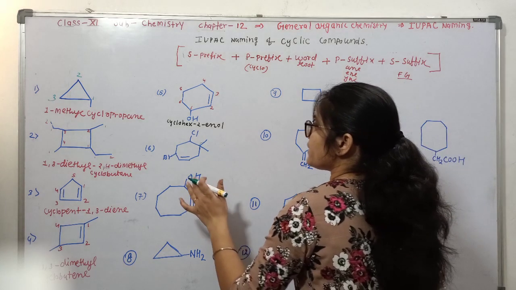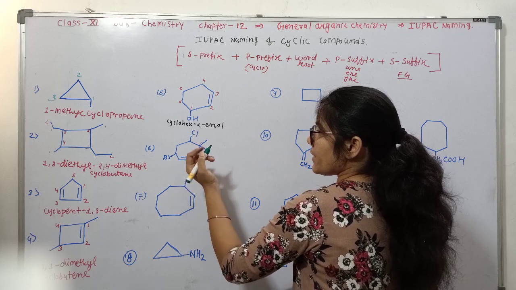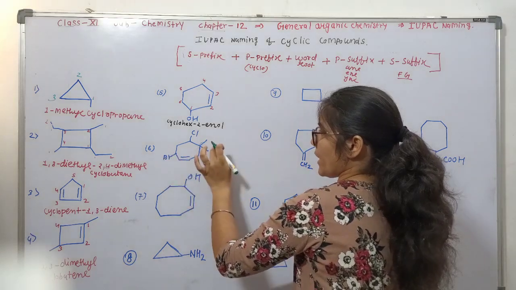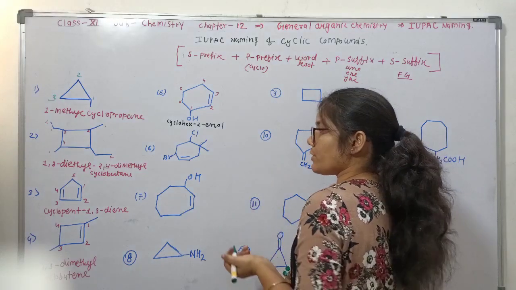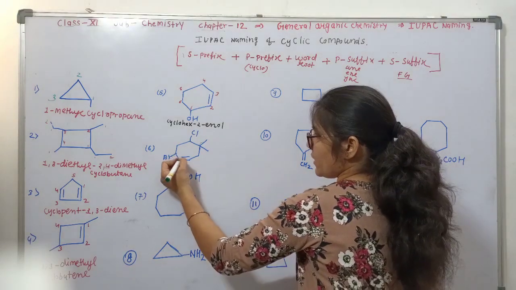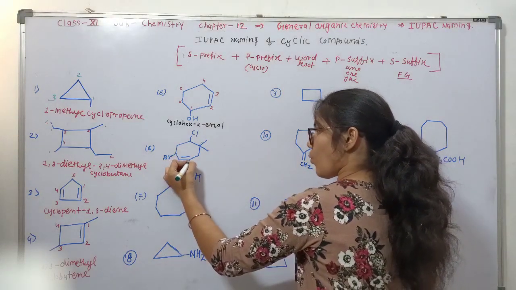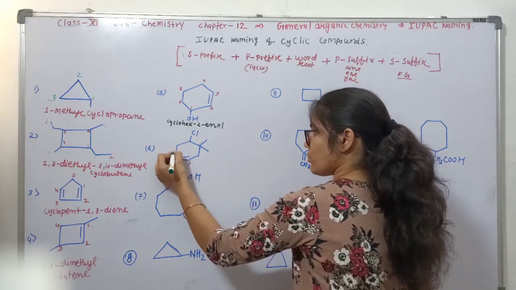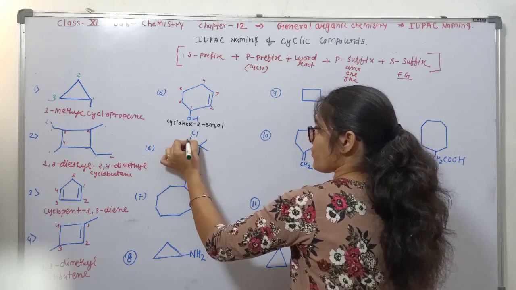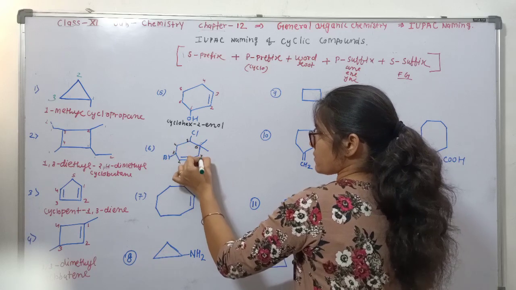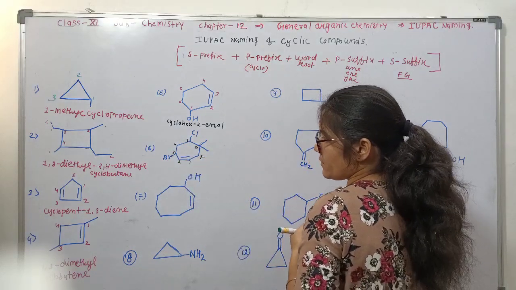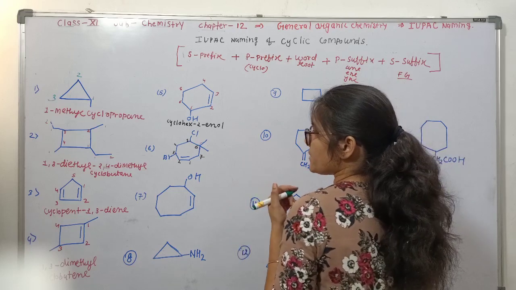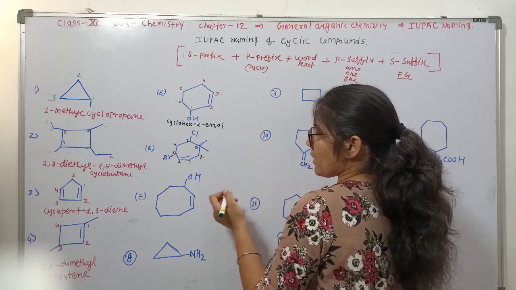Next one, check it. Bromo, methyl, chloro, and a double bond. So to which do we have to give priority? To the double bond. So it is 1, 2, 3, 4, 5, 6, 7. Okay, this is a 7 carbon ring. It's a cycloheptane.